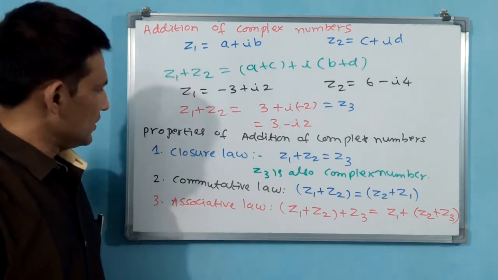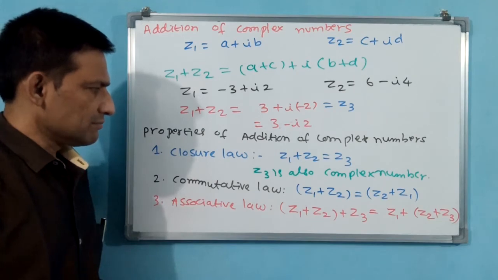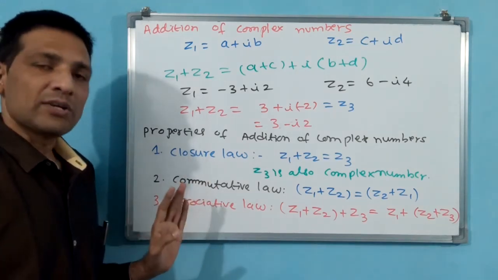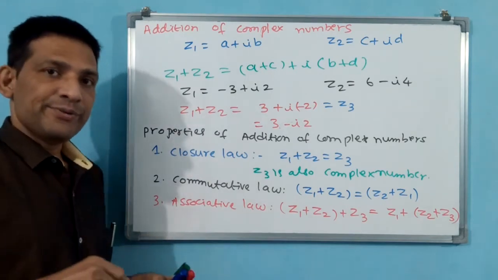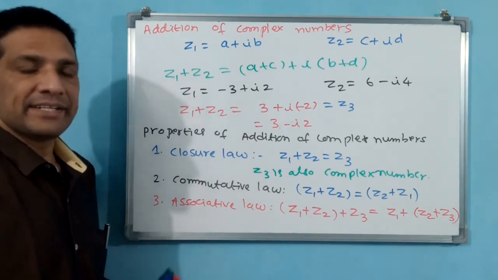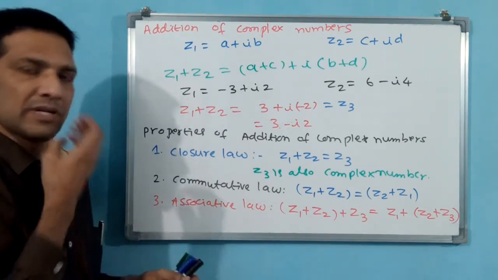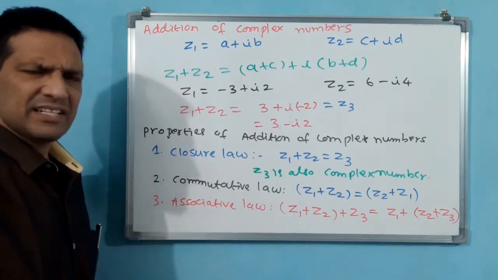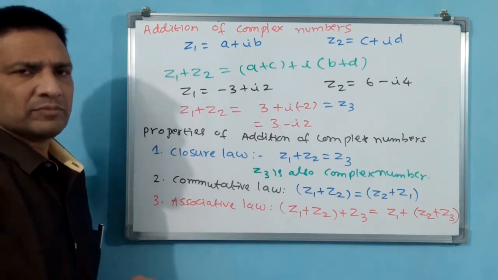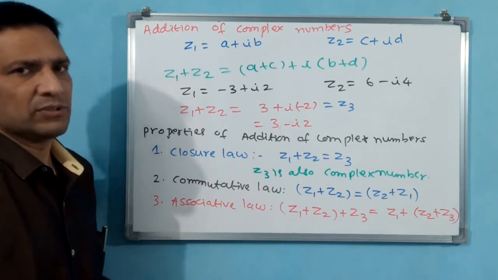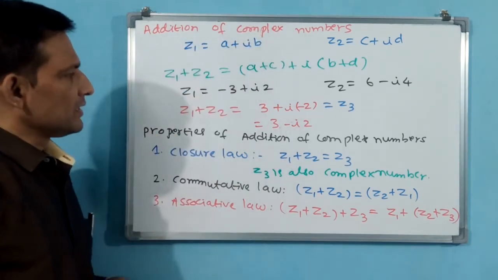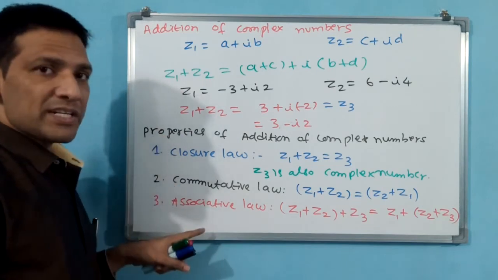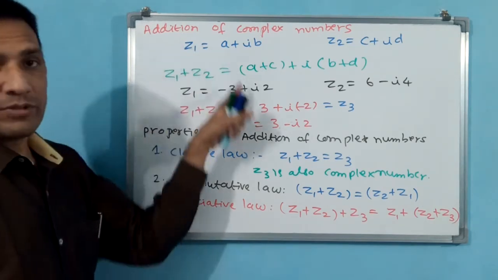Okay, see, these three are closure law, commutative law, associative law. Last, we will see additive identity and additive inverse. Same as in sets and relations, these are going to come. Now I am going to rub this out. Whatever properties we are studying now belong to addition only.